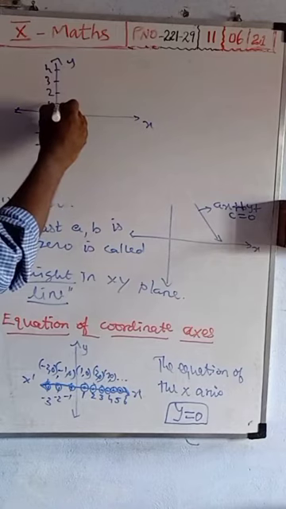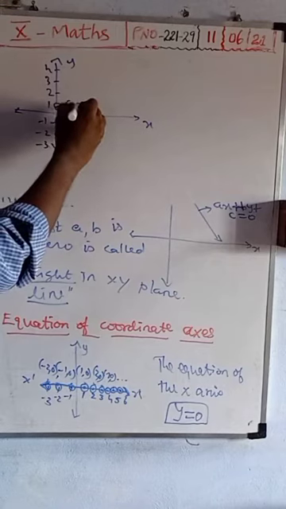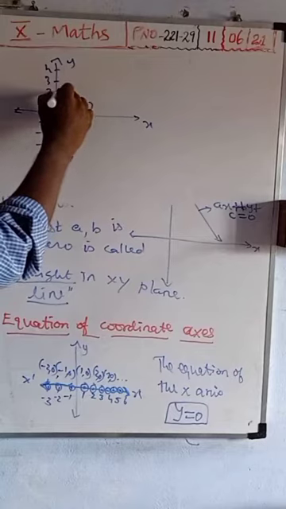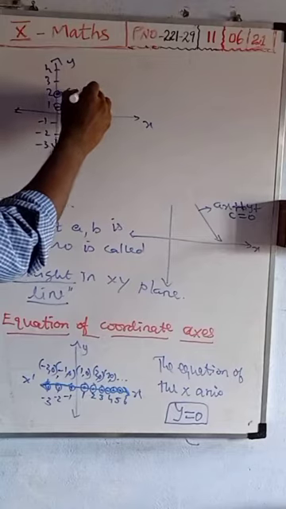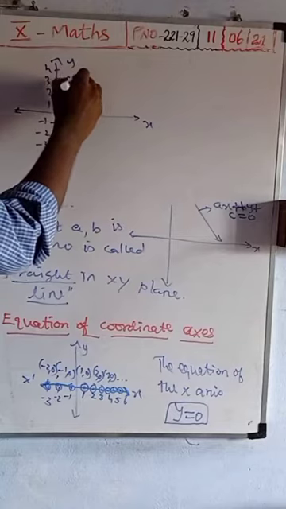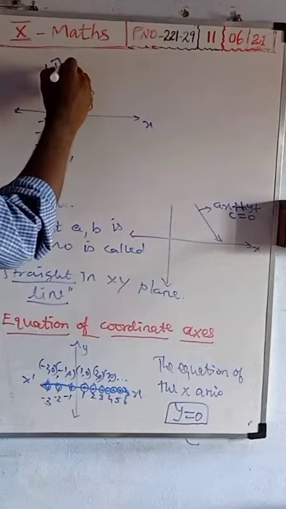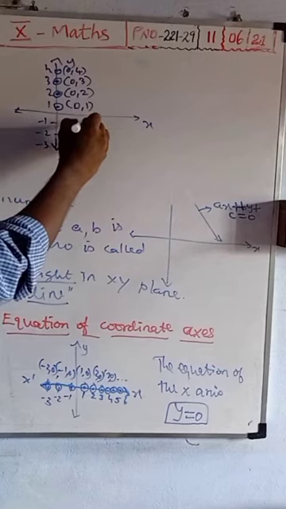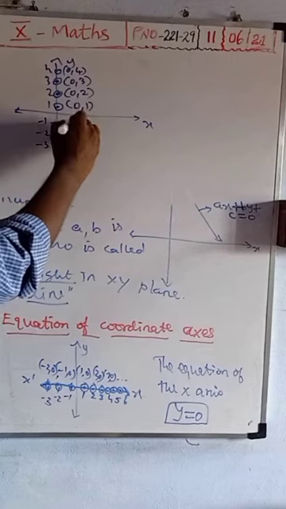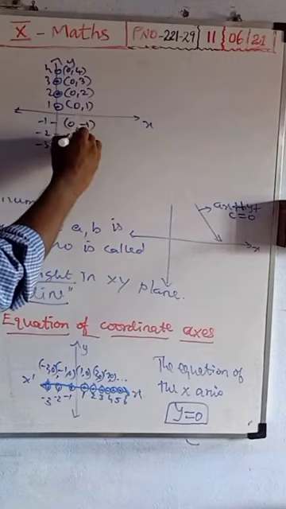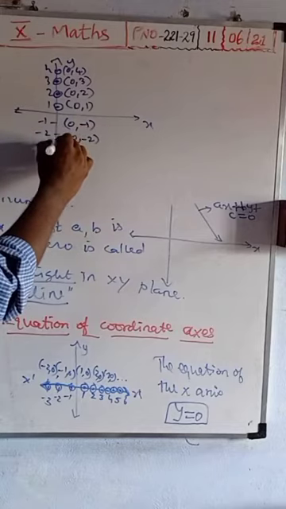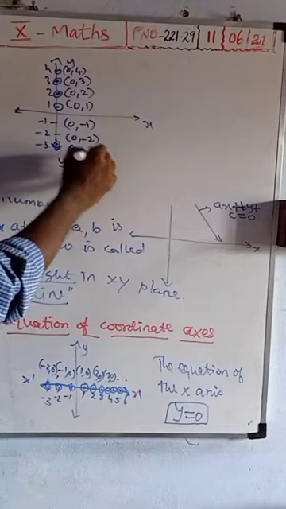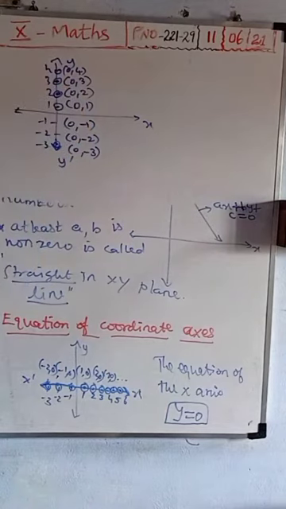Taking these points, you get 0 comma 1, 0 comma 2, 0 comma 3, 0 comma 4, and it goes on like this. This side you get 0 comma -1, 0 comma -2, 0 comma -3. So on the y axis, every point has x equal to 0.